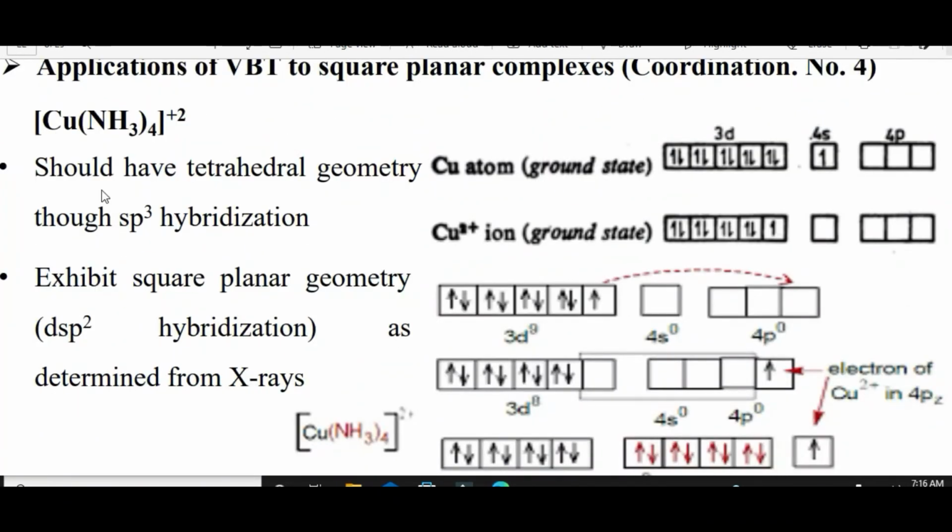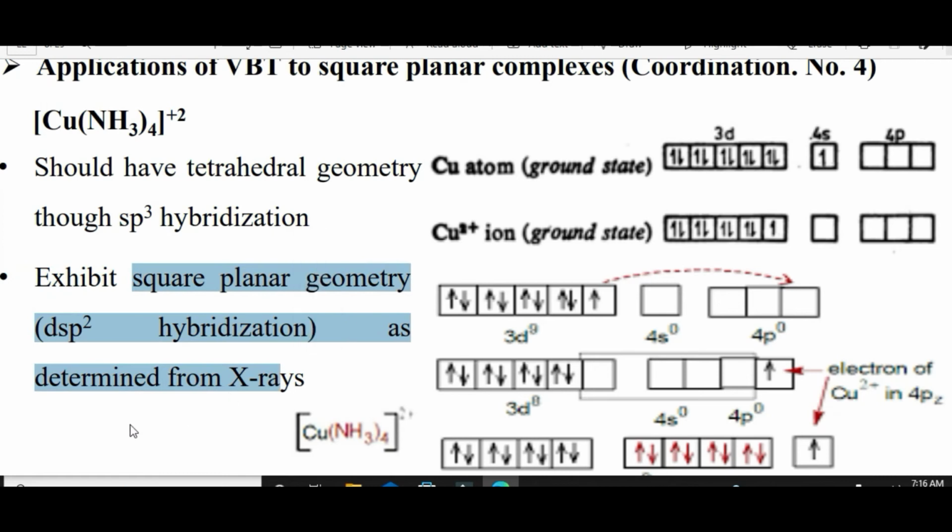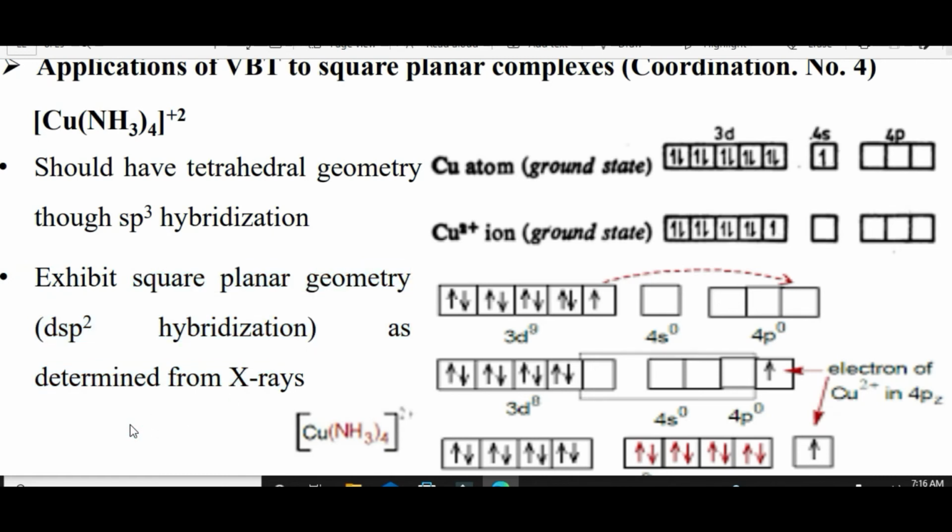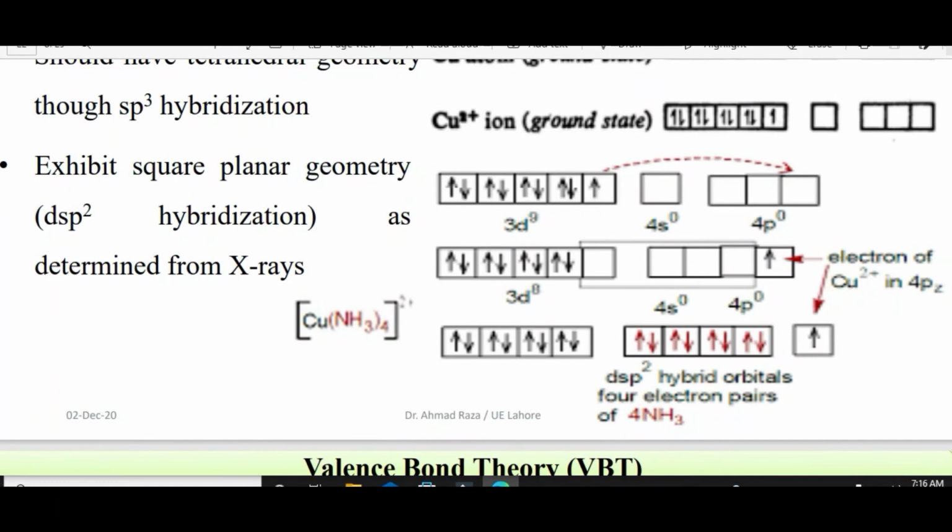Now we move toward the exception. NH3 is a strong field ligand, so it should have a tetrahedral geometry, but it exhibits square planar geometry, dsp2 hybridization, which was determined by X-rays. Here you can see in the structure.